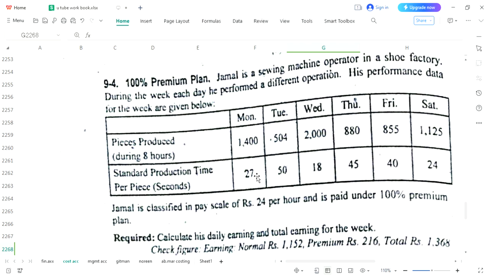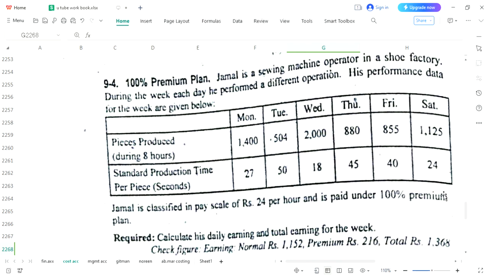But if he produced one unit in less than 27 seconds, he will be deserving of premium, and that's what we will calculate.